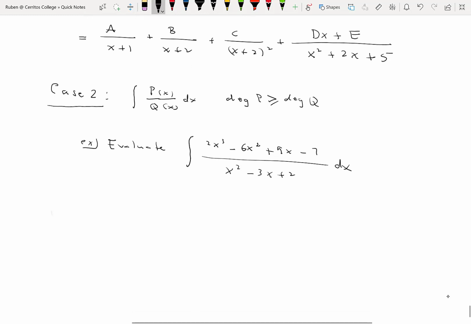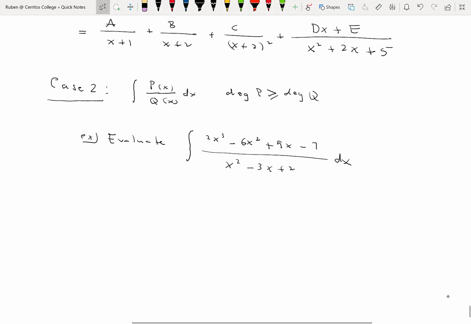In this case, the degree of the numerator is 3, and that's greater than the degree of the denominator.